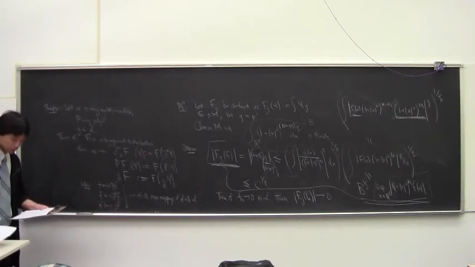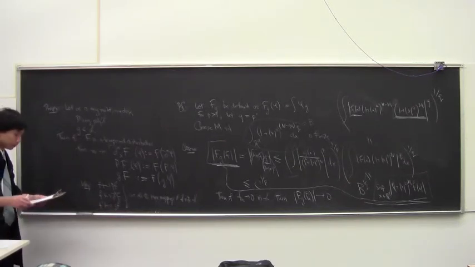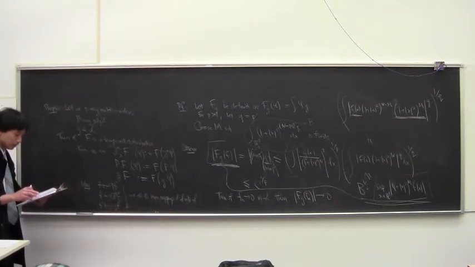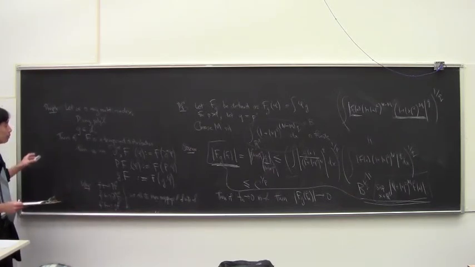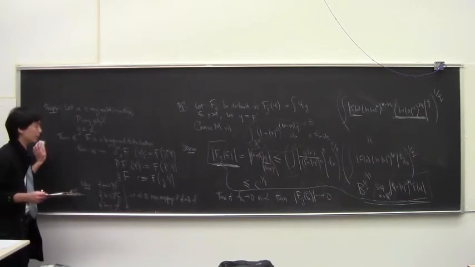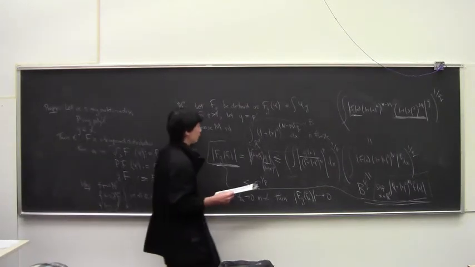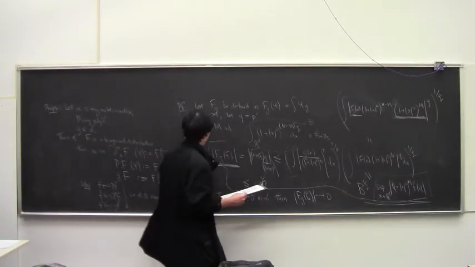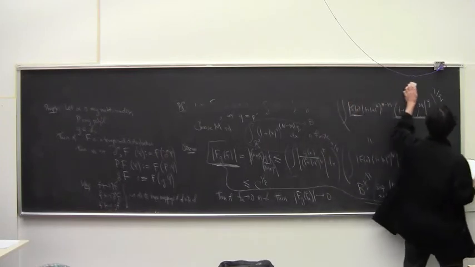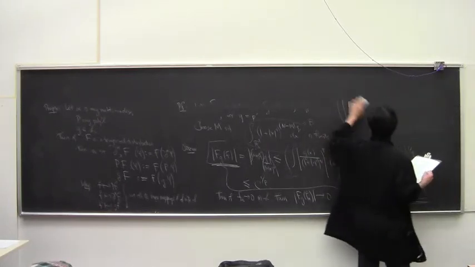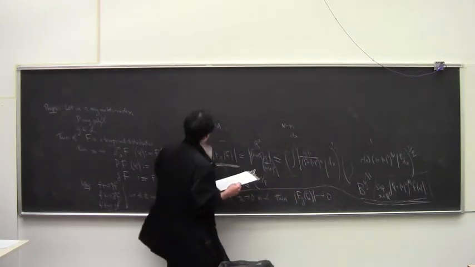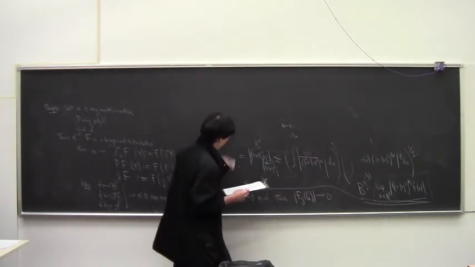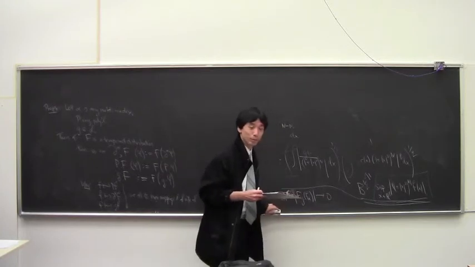Okay, so that's all I'm going to say about temperate distributions for now. Really the important thing about temperate distributions is the interaction with the Fourier transform, which will allow us to do sort of great things.